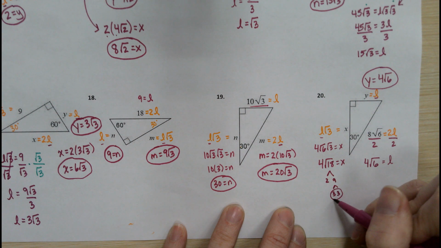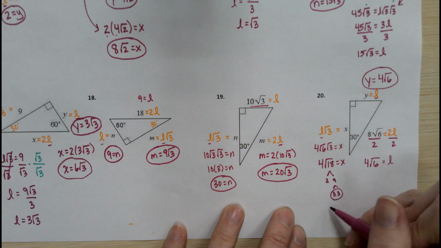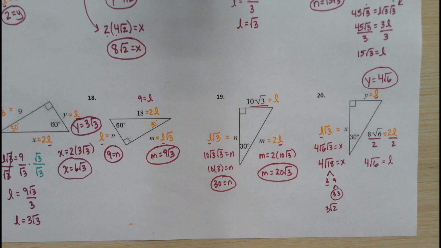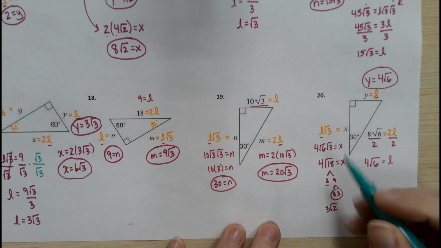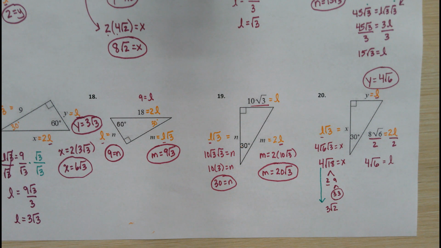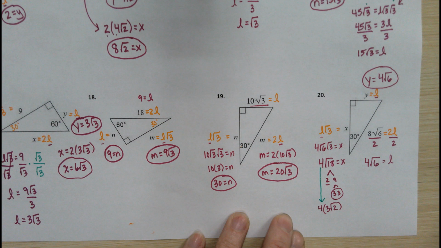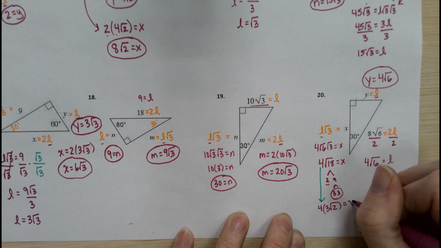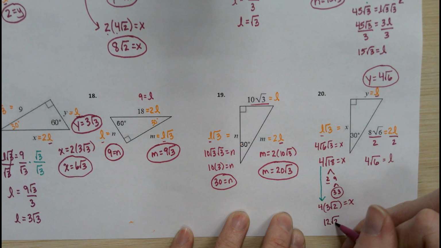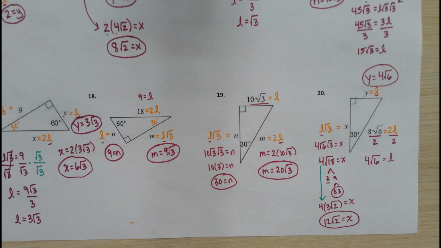So sure enough, it looks like we've got a pair of matching factors. So this becomes a 3 root 2, but remember, that's just the root 18 part. So this 4 also needs to follow us down and be multiplied by that result to represent our X. So the official simplified final answer for X should be 12 root 2 when we get through that whole process.